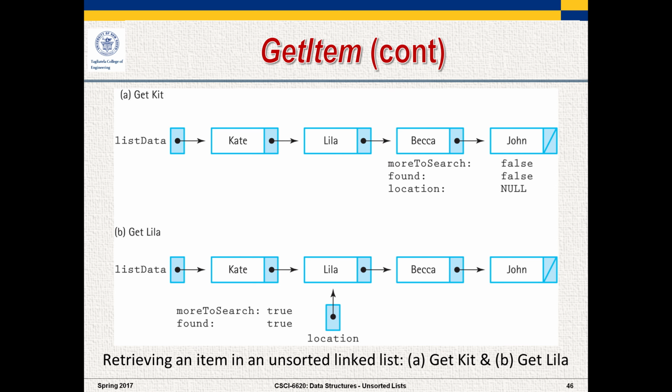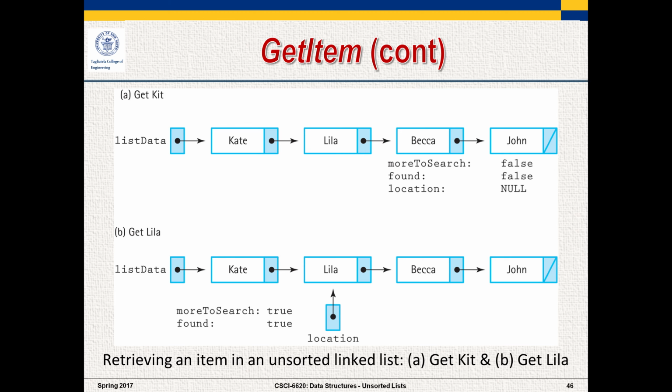At the bottom in B, you're looking for Lila. Now we happen to know Lila is in the list, we can see it here, but algorithmically you would have to step through doing the same thing. You keep asking, is there more to search? Is this the one I'm looking for? And am I at the end of the list? In this case, when you hit Lila, which would be the second node, there is more to search.